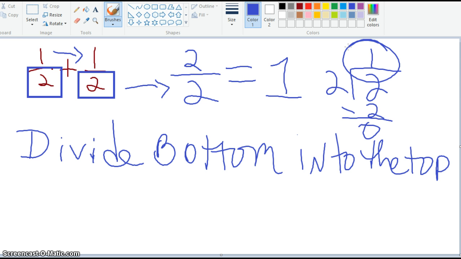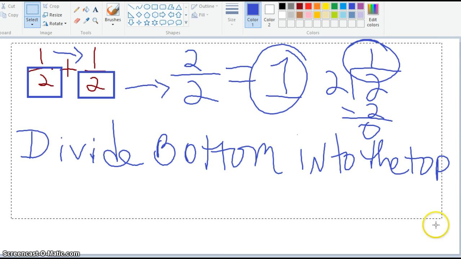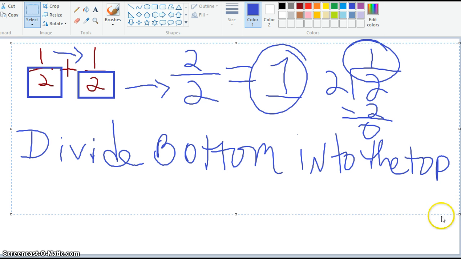So anytime you add fractions together and you end up with the same value on top as on the bottom, just simply divide them and you get the answer of 1. Now, this works great if all you're doing is simply adding fractions that have similar terms.